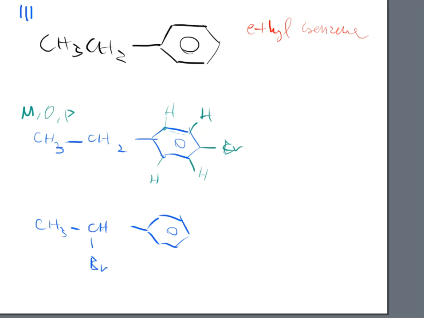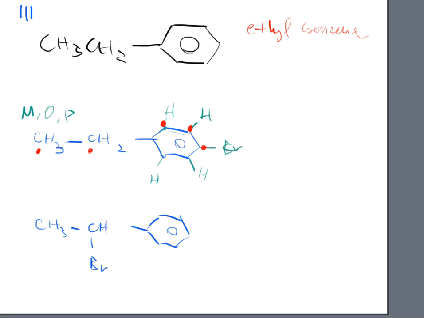So what this means is that I get a signal from that hydrogen set, a signal that's different from that hydrogen because that is the ortho position. This one is going to be different because that's the meta position, and this one's going to be different because it's a para position.